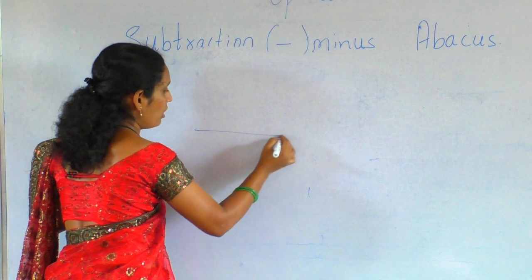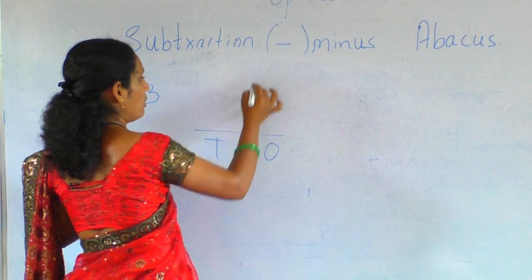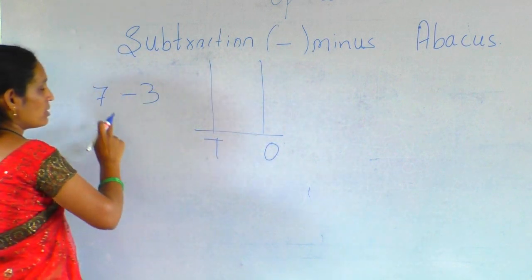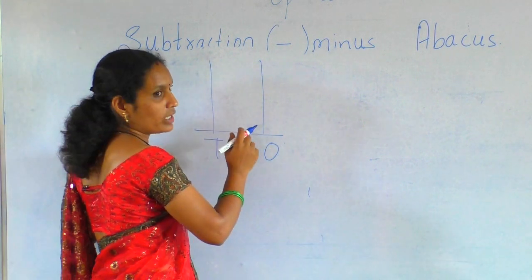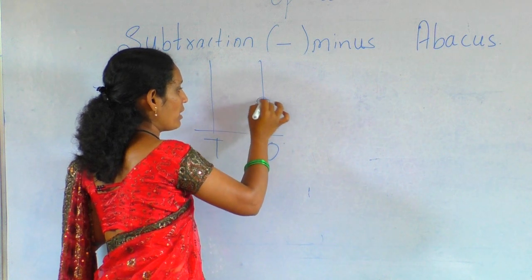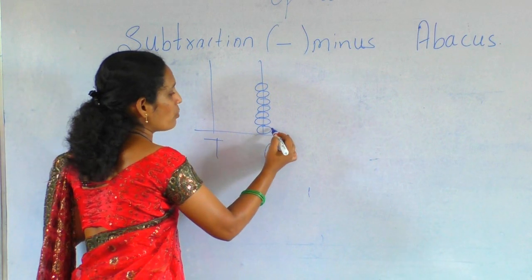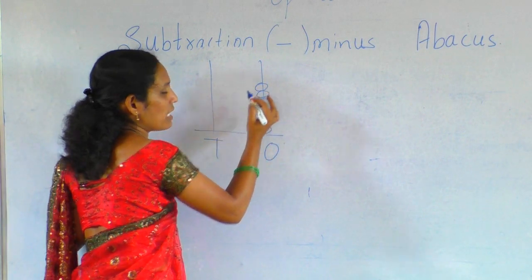I told you to draw the tens place and ones place in an abacus chart. Now, 7 minus 3. This is not addition. First you draw 7 beads: 1, 2, 3, 4, 5, 6, 7. How many are there? The first number is 7.